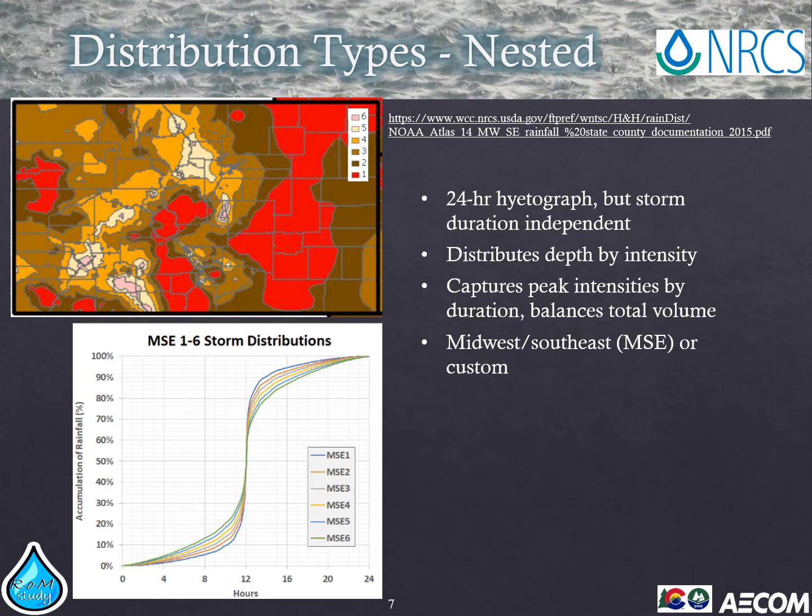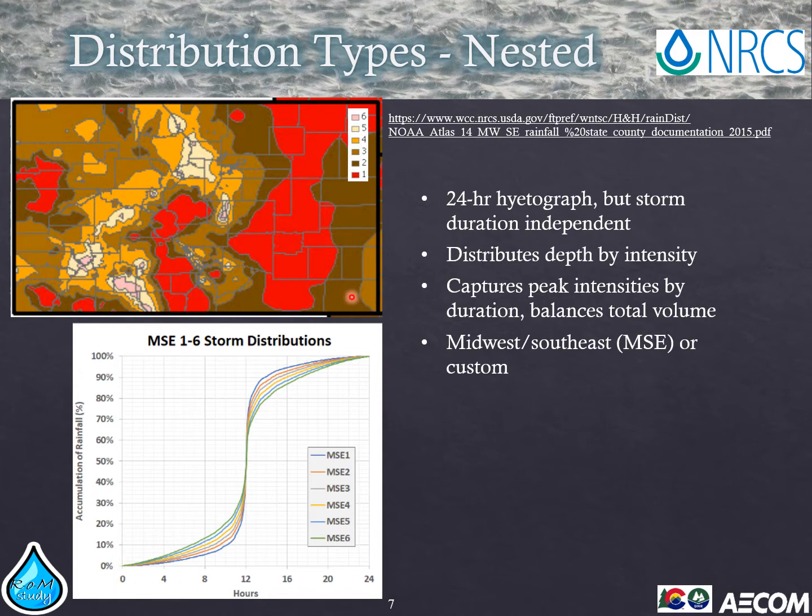So it'll look at the 3-hour storm, the 6-hour storm, the 12-hour storm, etc., and it'll pack that intensity, and so it's steepest here, and in the 1-hour bracket you'll have a very intense portion, but it'll be more gradual than what we see in a type 2 on the tails and the front end, the ramp up. And the reason is that it's trying to capture in this short period here the highest intensity from the briefer storms, like the 1-hour, but then it has the same volume for the overall 24-hour.